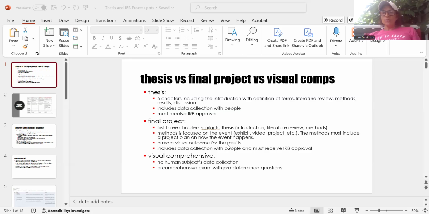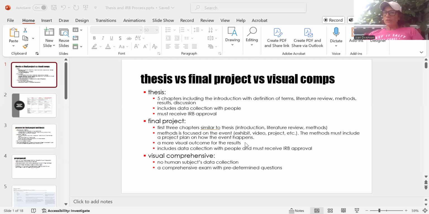So the results tend to be more visual in nature. The results may actually be the final video that you're doing. Again, I'm just coming up with ideas. It could be the exhibition, it could be the final prototyped item, something that you have designed that is also moving the field forward.